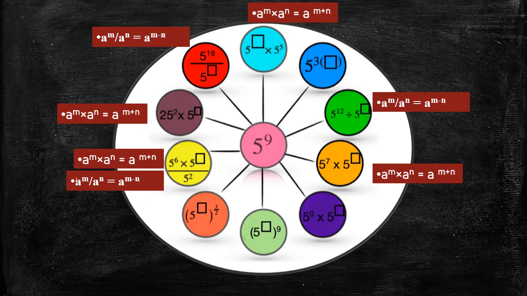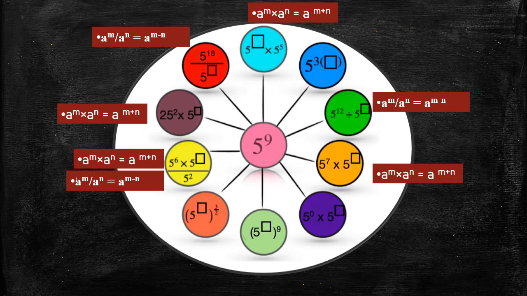Now, based on what we have discussed in the first two laws, let's try to solve a few questions. So, 5 raised to the power 9. This has to remain the same, and there are different ways of writing the same. Let's check how many of these we can solve.